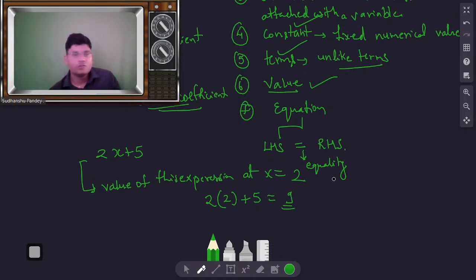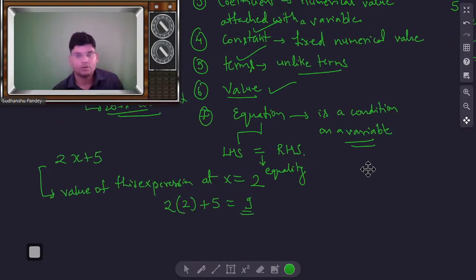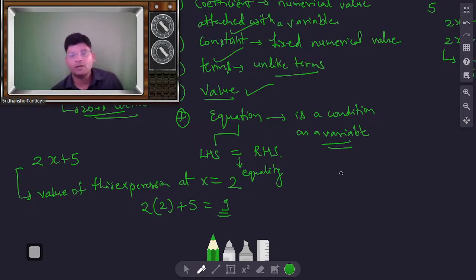That the equation should have a left hand side, an equality sign, and an RHS. So we can also say that an equation is a condition on a variable. Okay, the variable should also be there. You can also write, say, 10 by 2 is equal to 5. Is it also an equation? Yes, it is also an equation. But this is a numerical equation.